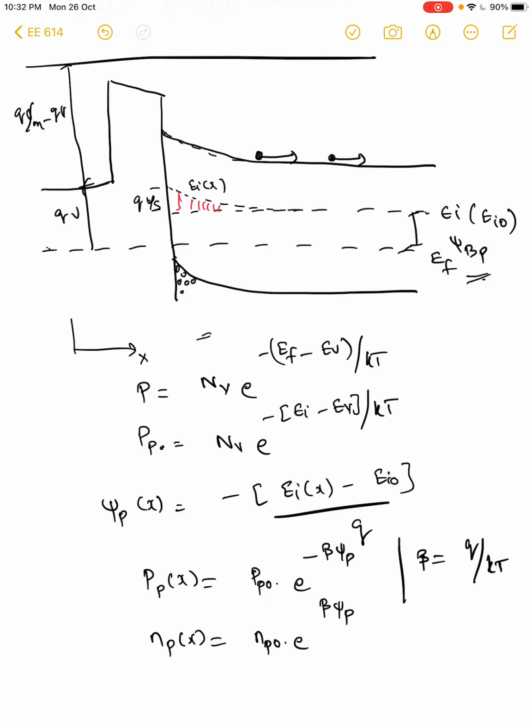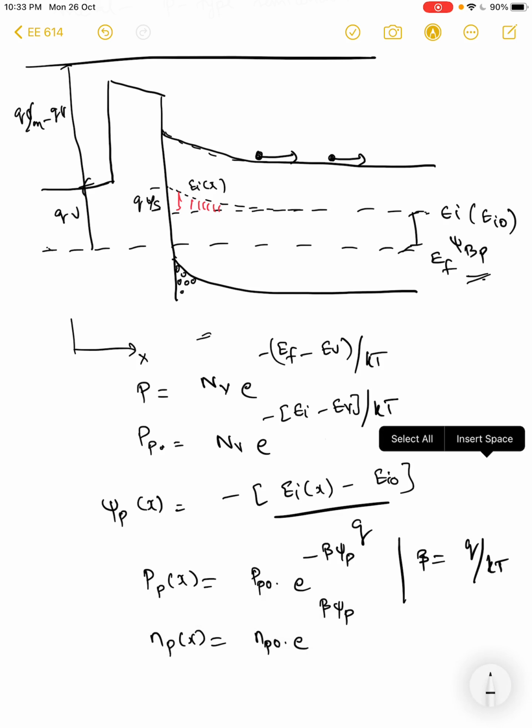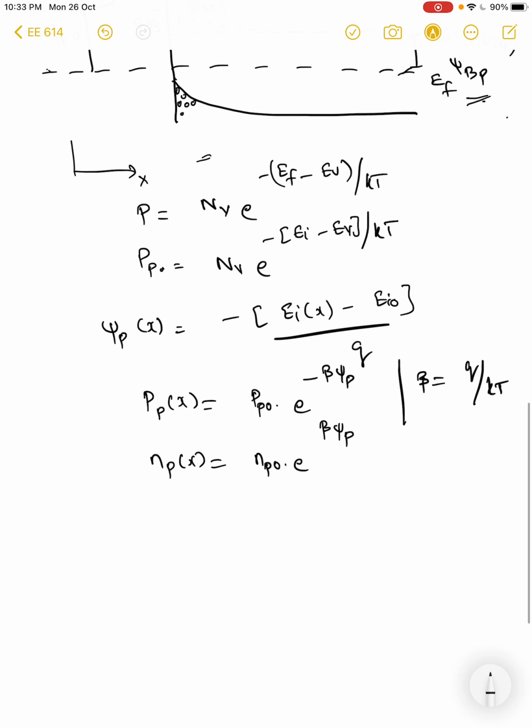So basically this is EF. So this is psi bp, right? And sorry, this is not psi bp, but it's a measure of psi bp. Psi bp is a measure of holes in the p-type semiconductor, and soon we will see that this psi s is a measure of electrons in the p-type semiconductor, and there is a correlation between both of them. But then let's just continue, right?